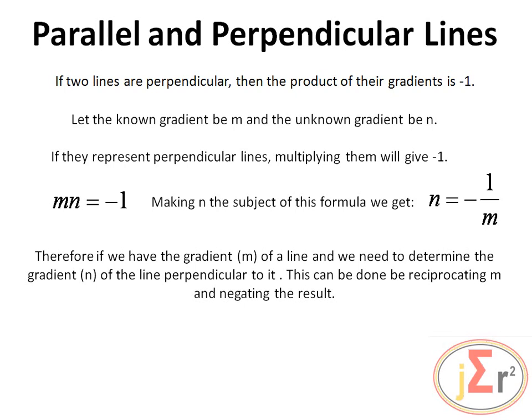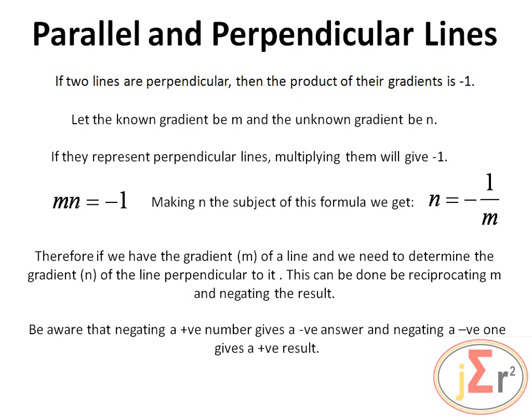And that is how you find the gradient of a line that is perpendicular to one of known gradient. Be aware that negating a positive number gives a negative answer, and negating a negative number gives a positive answer. So if you're going to negate a negative number, the answer is going to be positive. And of course, as usual, if you expect to negate a positive number, you expect that the answer is going to be negative.